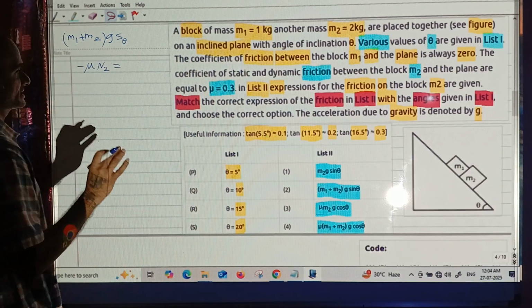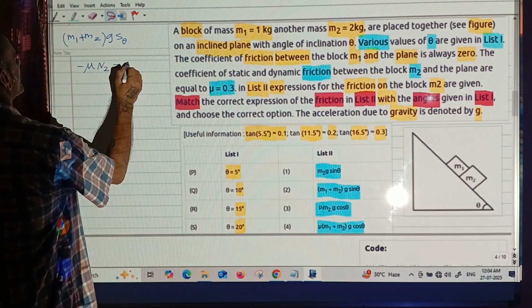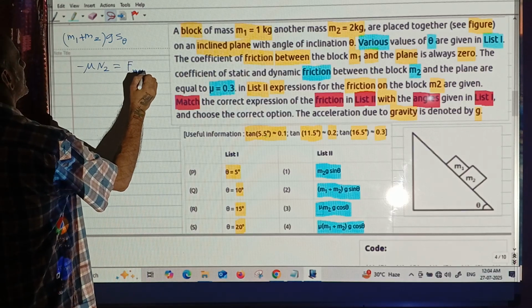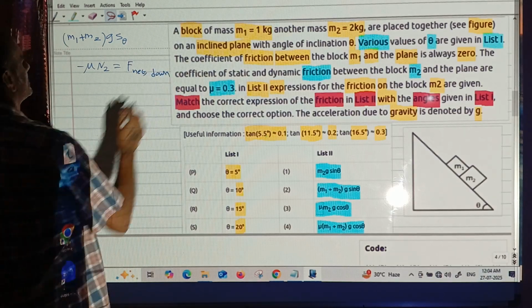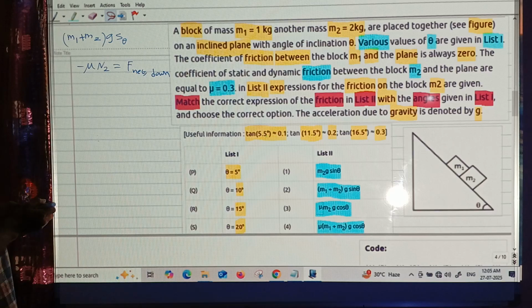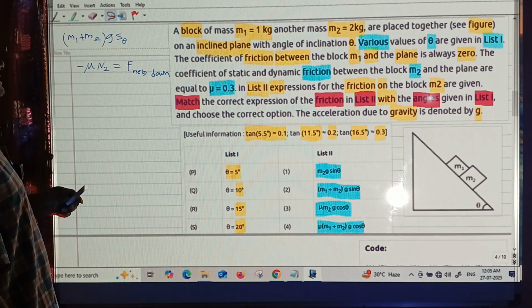The net force is in the downward direction. When this net force is 0, the block will be at rest.